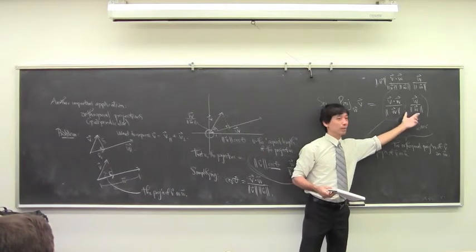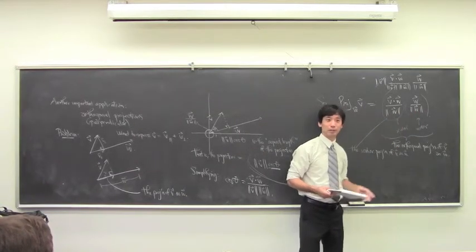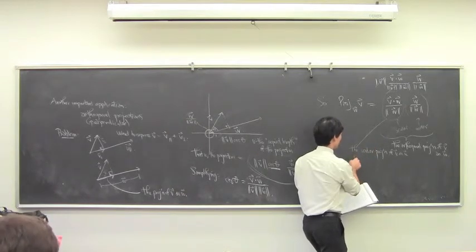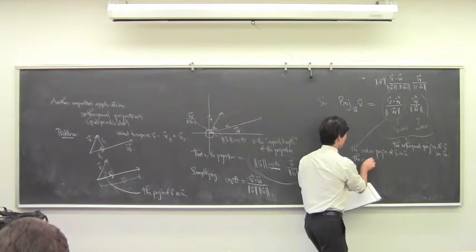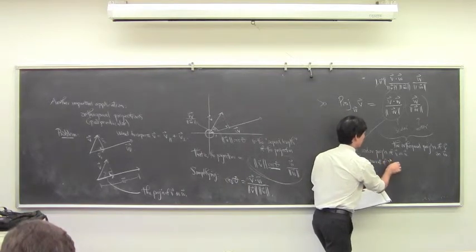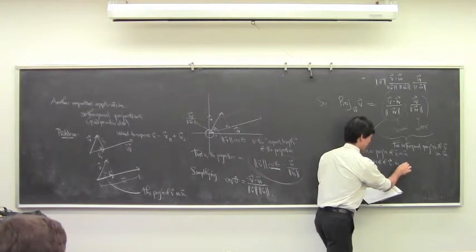And then this is the number in the right direction. This thing is also called the component of V in the W direction.